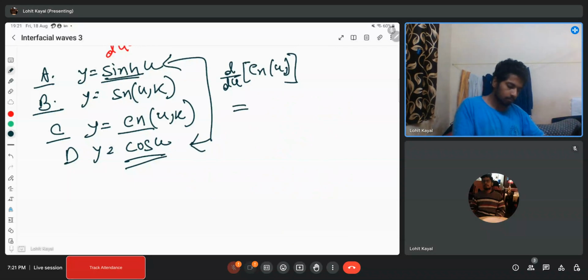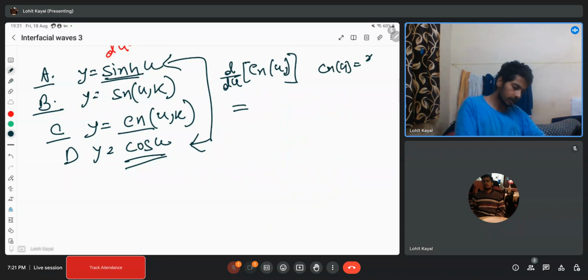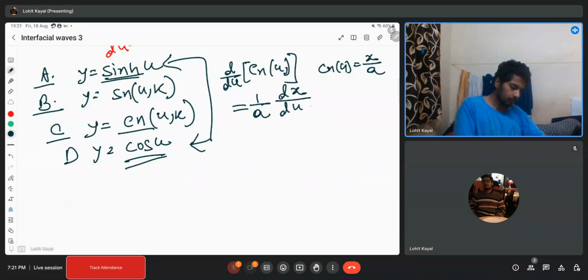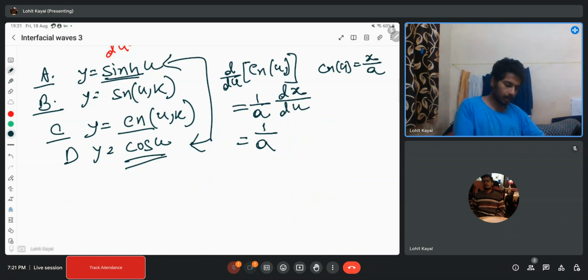We haven't done it explicitly, but this is a chance that we can do it. So what is cn of u? cn of u is your x over a, right? It will be 1 by a dx/du, and what is your du? du is nothing but 1 by a, so (x dy minus y dx) divided by r.